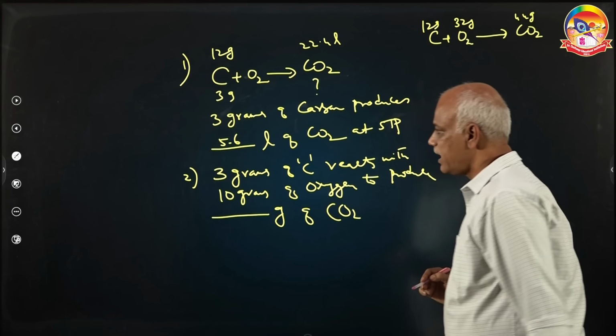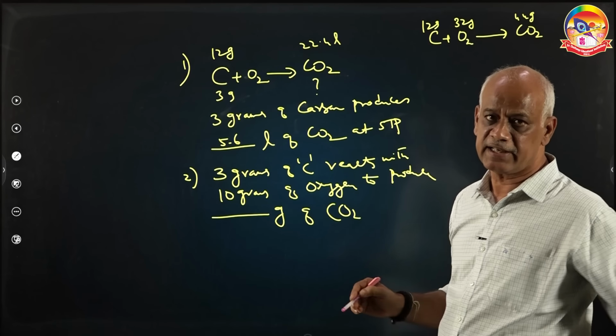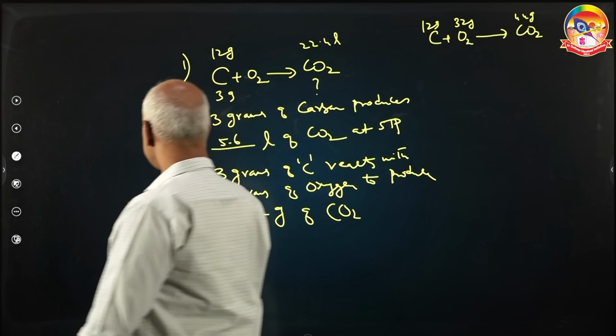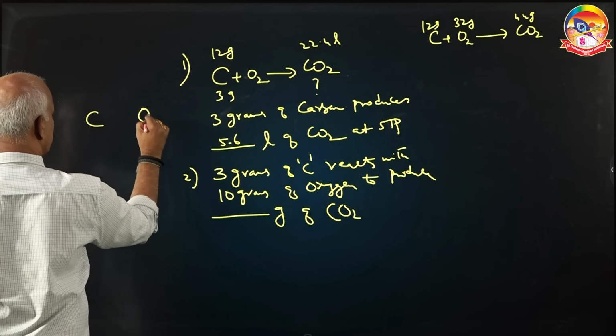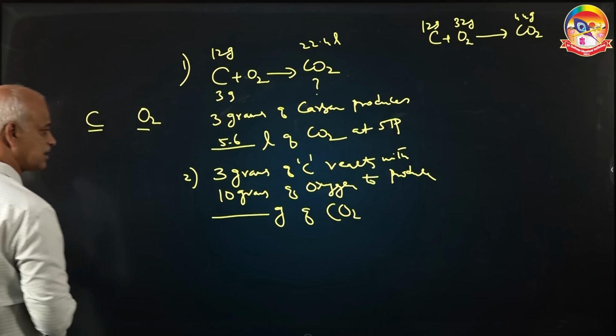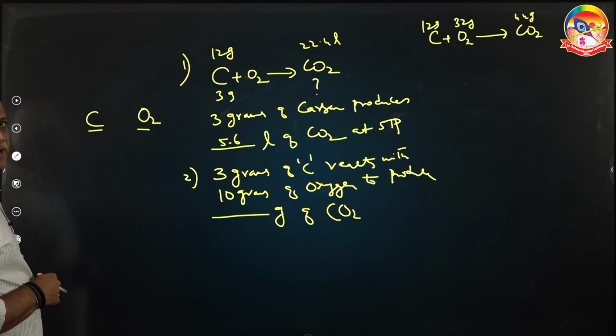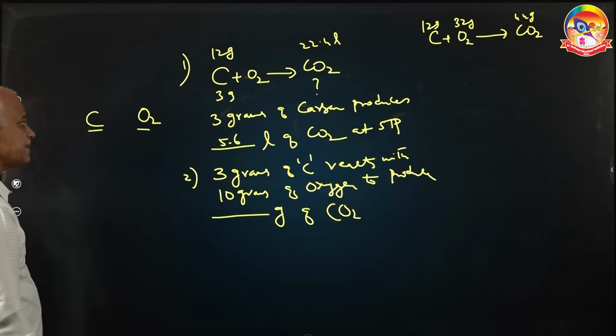Now, I am going into rough work to find out the limiting and excess reagent. Carbon, oxygen. The question has 3 grams of carbon, 10 grams of oxygen. Wantedly, I am selecting a wrong path to understand the question in a better way.